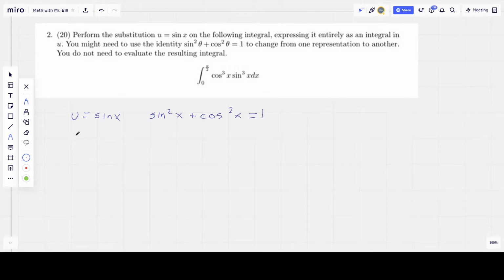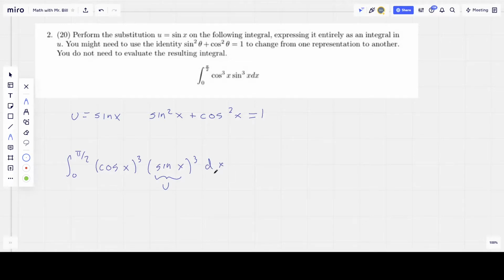And then we have our integral, from 0 to pi over 2 of cosine of x cubed times the sine of x cubed dx. Now we can replace this sine of x right here with u, and that'll be worthwhile. And we've also got this dx here that we've got to work with.